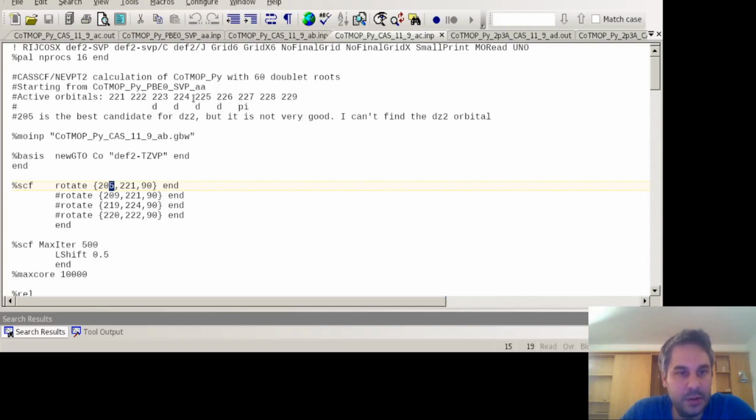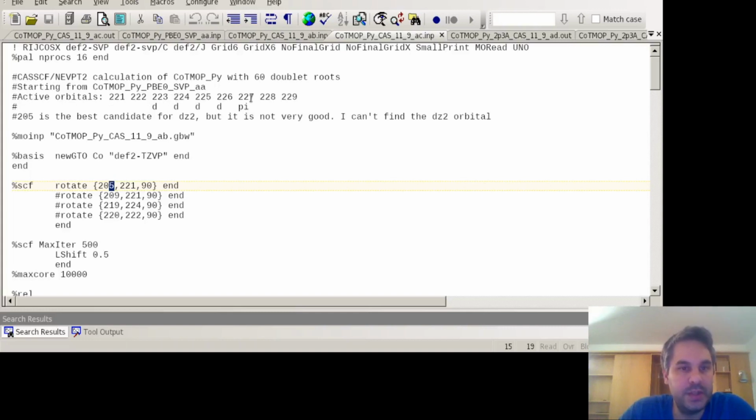I did not rewrite which orbital is which, but you should, when you're starting, try to write down which orbital is the XY, which orbital is the XZ, which orbital is the HOMO minus 1 orbitals of the porphyrin or whatever molecule.